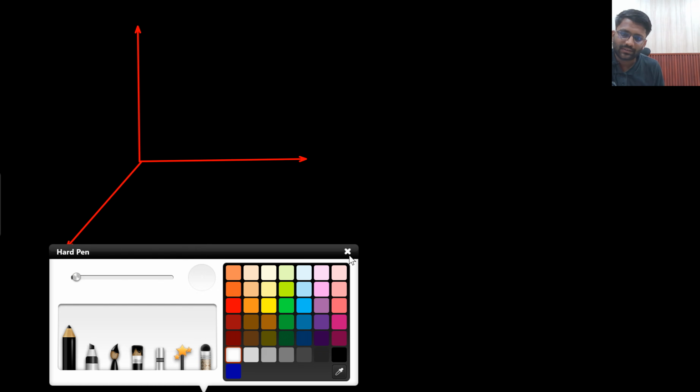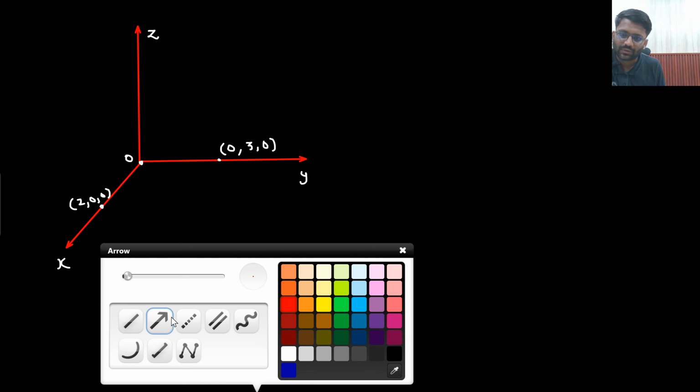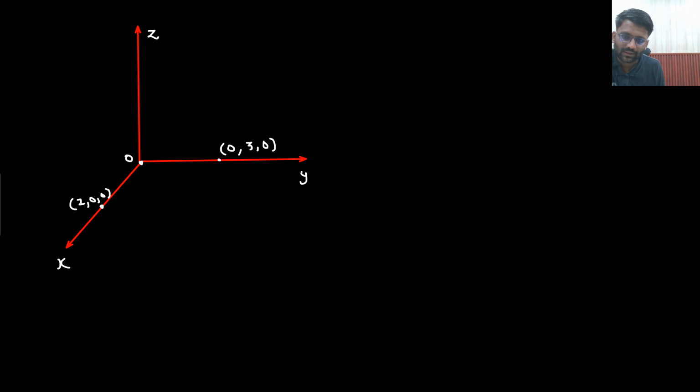This is your x, this is your y, and this is your z. So here, what will the coordinates be? X is 2, 0, 0, 0, 3, 0. So this is the scenario.